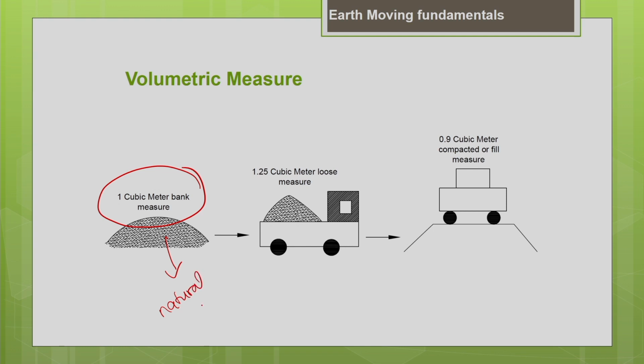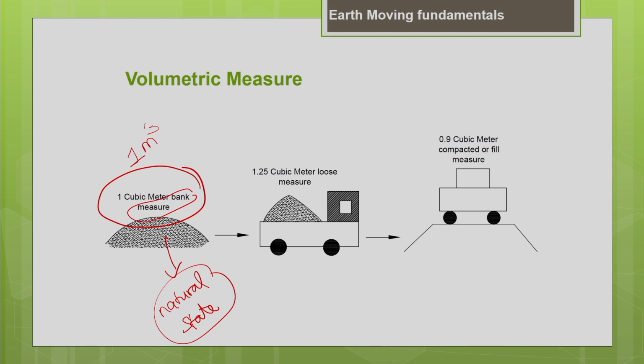Natural state in the sense, before you excavate the earth with any earth moving equipment, the earth is in the natural state. That is called the bank state or natural state. Before it is excavated, it is called bank measure, or it refers to the natural state of the material. So let us say it occupies 1 cubic meter.